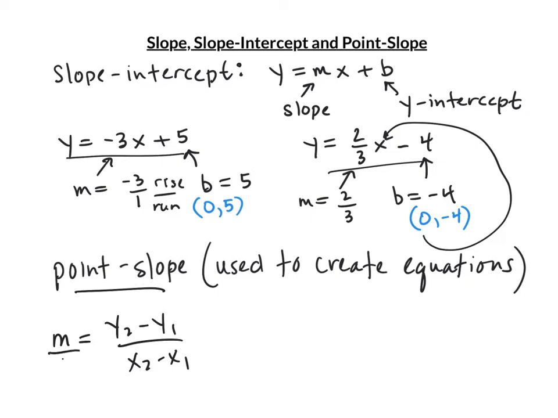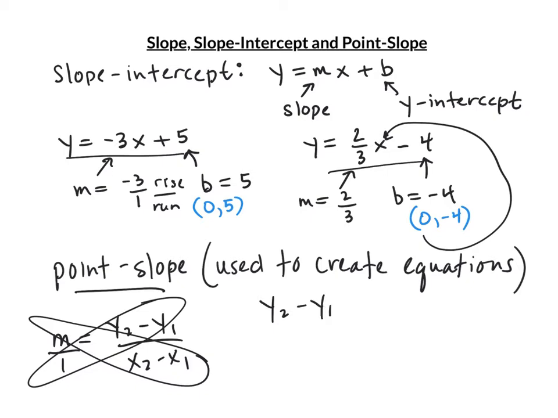If we put the m over 1, and you might remember that thing called cross multiplication, and we cross multiplied, 1 times y2 minus y1 would be y2 minus y1. m times x2 minus x1 is what's on the other side. And this equation right here is an equation we can use to create equations given a point and a slope. That's why it's called point slope.